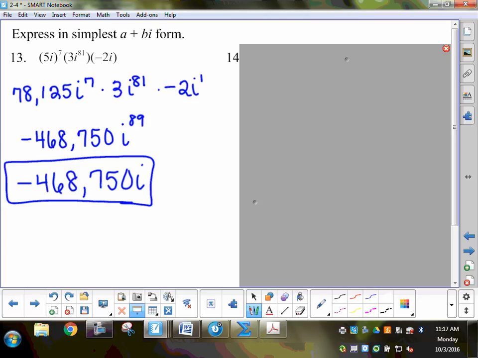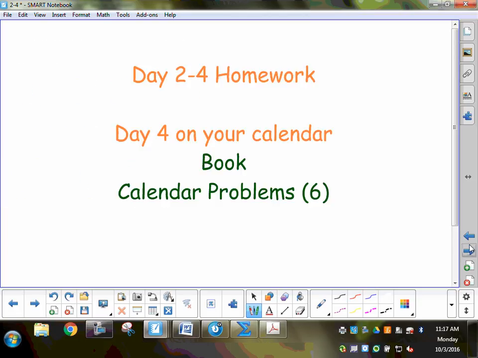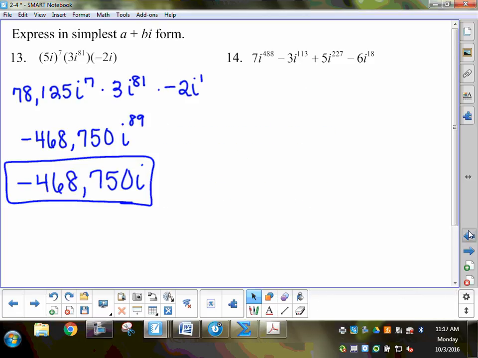All right. Now, here's another one. Is this our last one? Yeah. All right, now, here's what we're going to do. We're going to divide up the work. This first row here, you need to tell me what i to the 488 power is going to be. Second row here, you're going to tell me i to the 113.